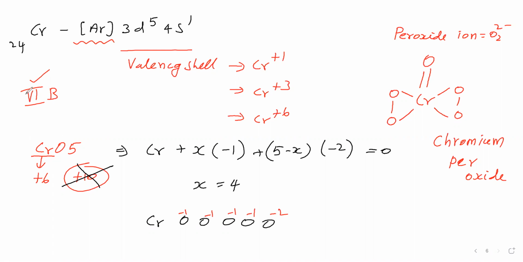Maximum oxidation number means its group number, the IUPAC group number. But in the copper family, coinage metals copper, silver, gold, the group number is 1B, but copper can show +2. That is an exception.